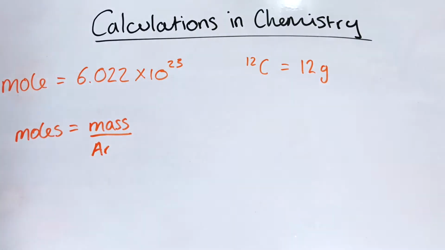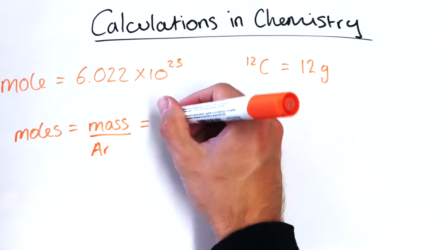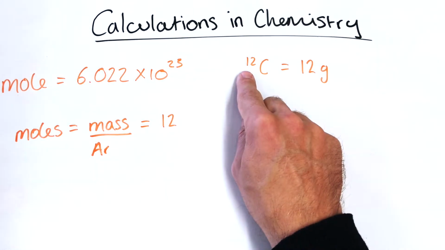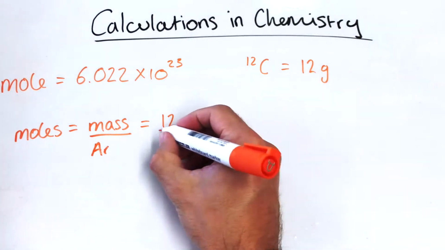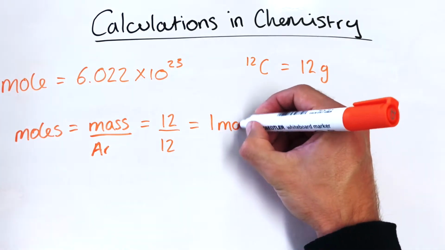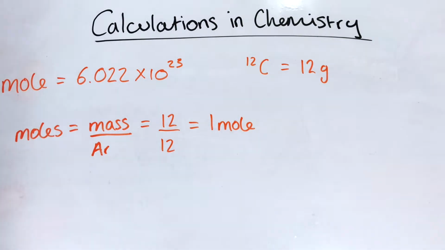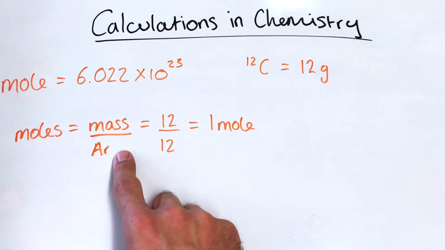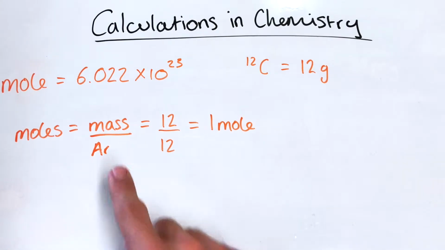Carbon-12 is our example. If we have 12 grams of carbon-12, we've got the relative atomic mass of carbon-12, which is 12. That gives us 1 mole of carbon-12. So you can see where moles come from, and where the calculation for moles actually appears.